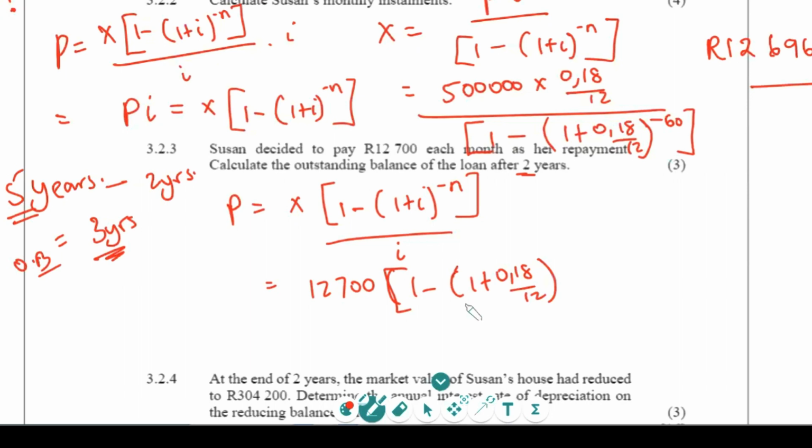And where there is n, I'm going to say 3 times 12, that is negative 36. And then I'll divide this by 0.18 over 12.